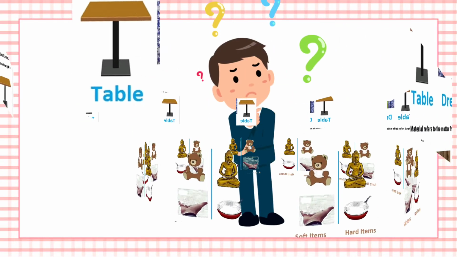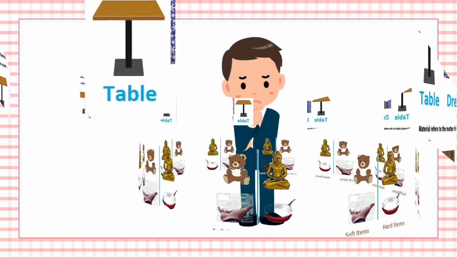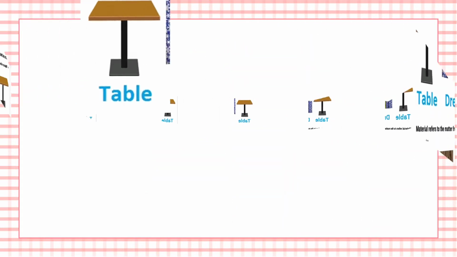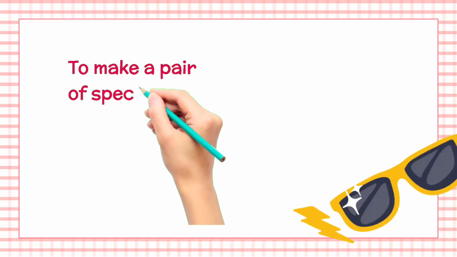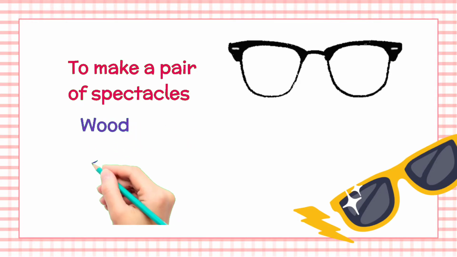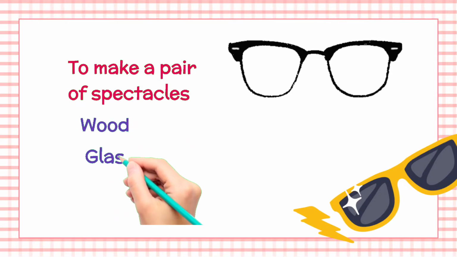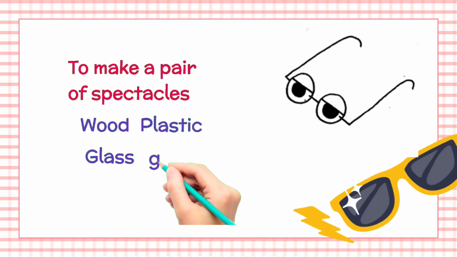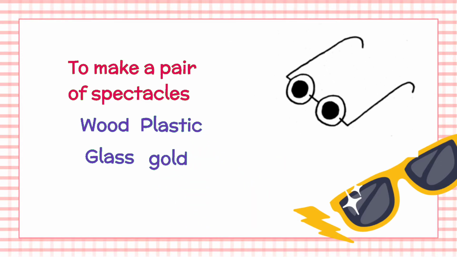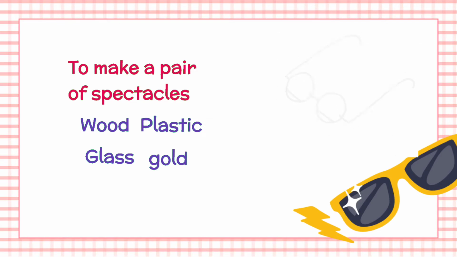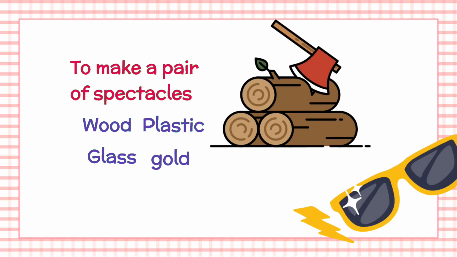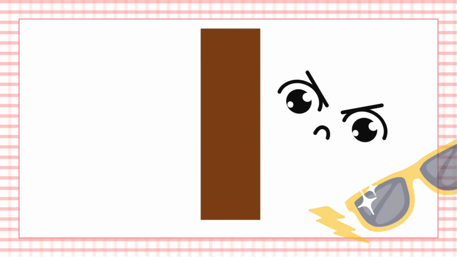Understanding objects and materials helps us to analyze why a certain object is built with a certain material. For example, let's say we need to make a pair of spectacles. We could choose from a variety of materials available to us: wood, glass, plastic, gold, etc. But we cannot obviously use wood because we cannot see through it.